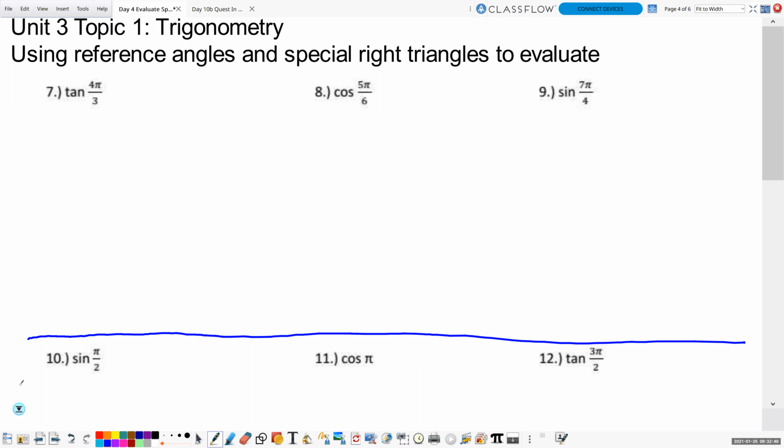Which numbers you're doing? I want you to do 7, 8, 9. Wait on number 10 and 11 because they're tricky. If you want to convert them though, that would be good. So if you don't have the packet yet, you can just still write them down and work on them.